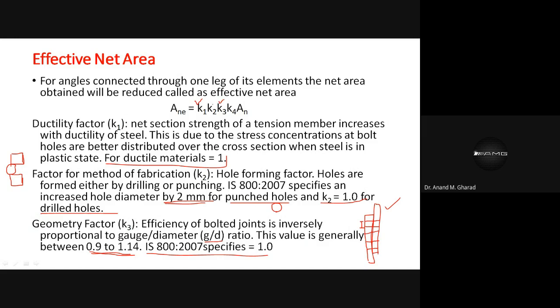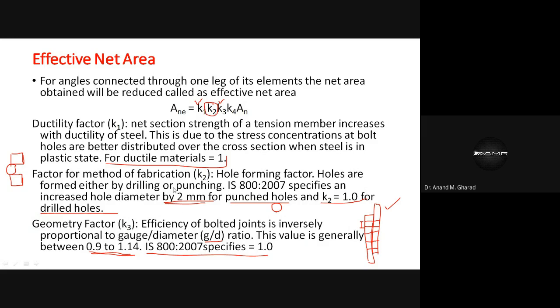As far as K2 value is concerned, it is nothing but the clearance, which has been represented in one of the tables. Can you remember what is the table number for identifying the clearance value for bolt holes? Do you remember that table number? Right.